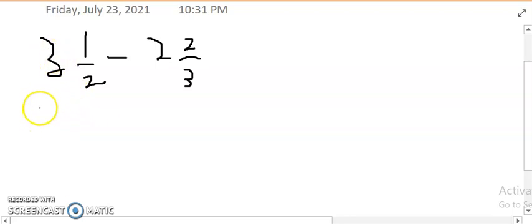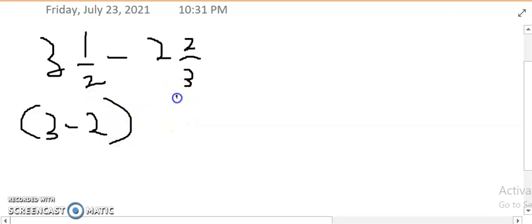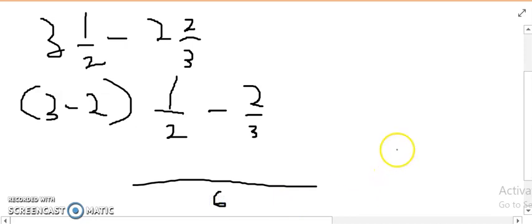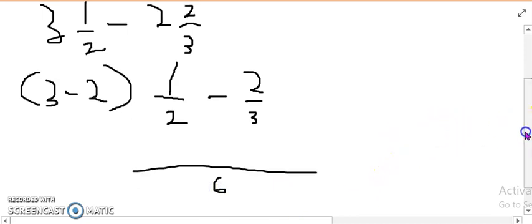So you put the 3 minus 2 in a bracket. Then have 1 over 2 minus 2 over 3. What's the LCM of 2 and 3? That's 6. I'm trying to be quick with this, so I will make a video on subtraction of mixed fractions again to be more explanatory.